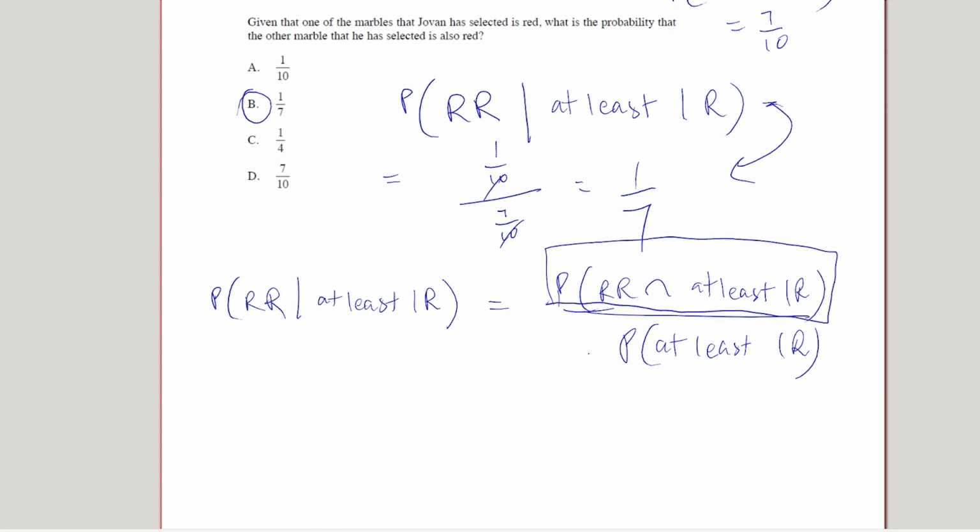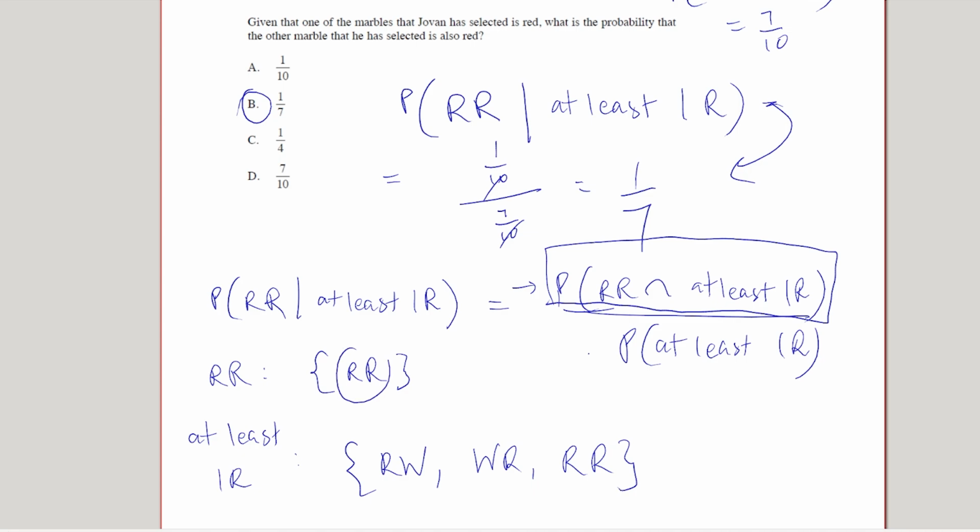The reason I didn't use this statement over here is because you have to think about the intersection between them. For the set RR, there's just this one combination, where both marbles have to be red. But for the set at least 1R, they can be RW, WR, or RR, and the intersection is just the probability of RR, which is 1/10 right here.